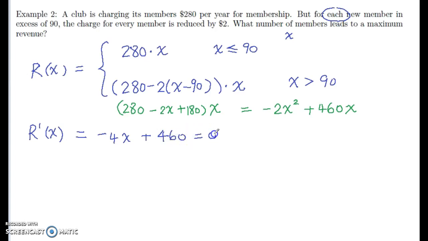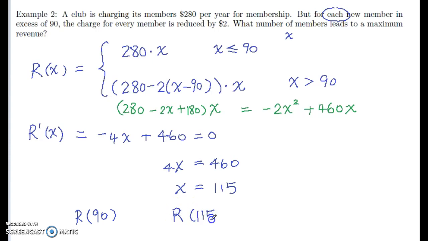Now we set it equal to 0. What it means is 4x must equal 460. So x will equal 115. So 115 members is a critical number. So we compare the revenue at 90 and the revenue at 115.